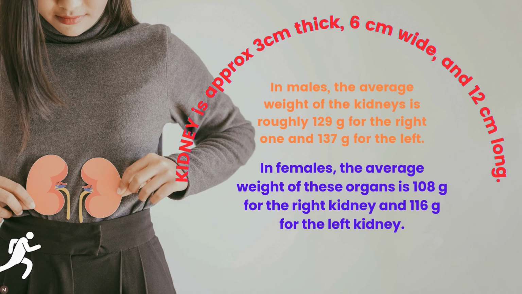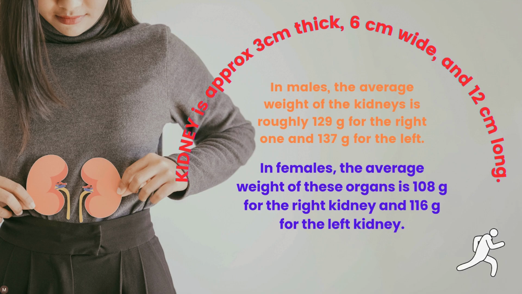If you look into the detail, the kidney is bean-shaped, and we have two of them, placed in the abdominal cavity. They are composed of small connective tissues. Kidneys are basically 3 centimeters thick, 6 centimeters wide, and 12 centimeters long.